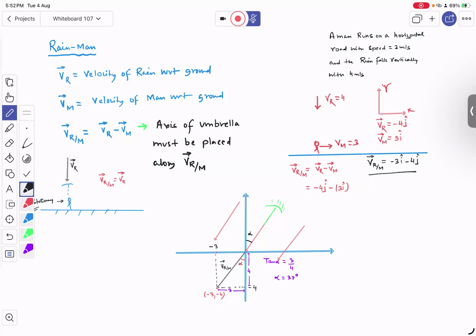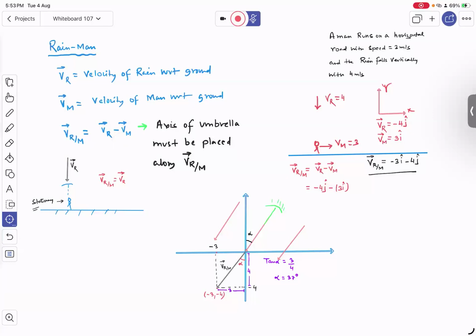Theory is nothing much. They will be giving you VR and VM and they will ask you VRM, or maybe they will give you VRM and VR and they might ask you VM. So some story is given, but in every story the job done will be the same: finding VRM, writing VRM as VR minus VM.